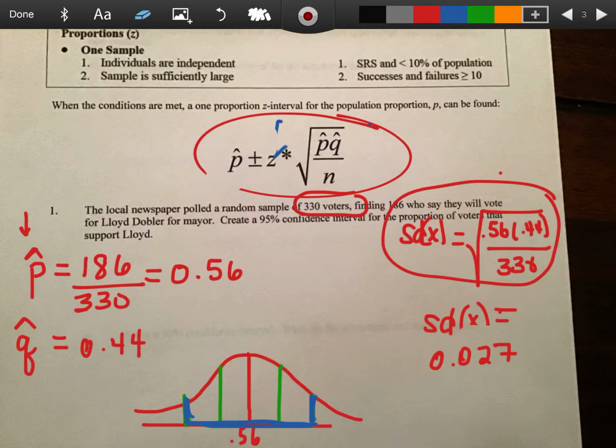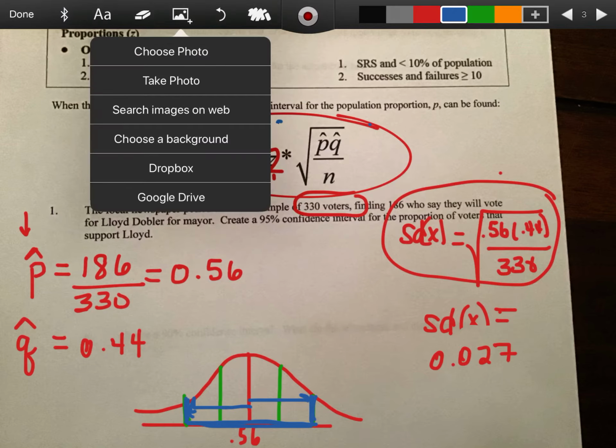Look at this, subtracting. This is above the mean. I added 2 standard deviations, and this one right here I was subtracting 2 standard deviations. 1, 2 above the mean, 1, 2 below the mean. So there is where I come up with this crazy formula.